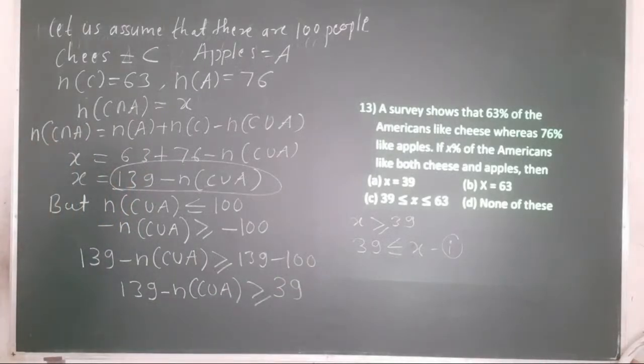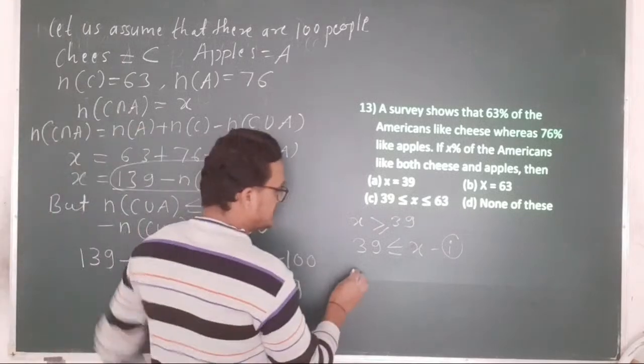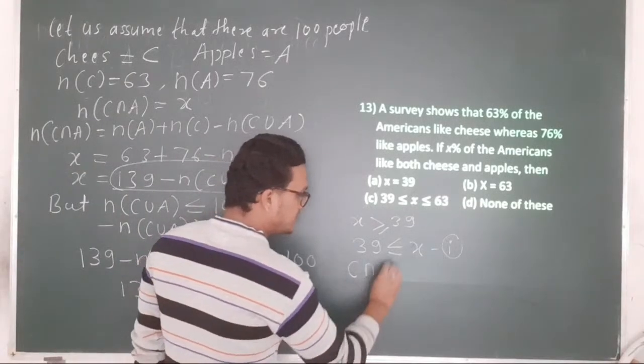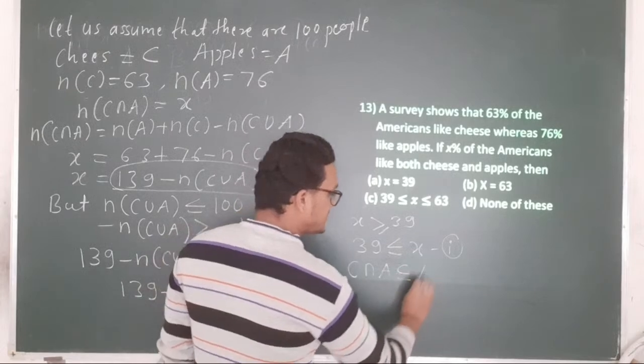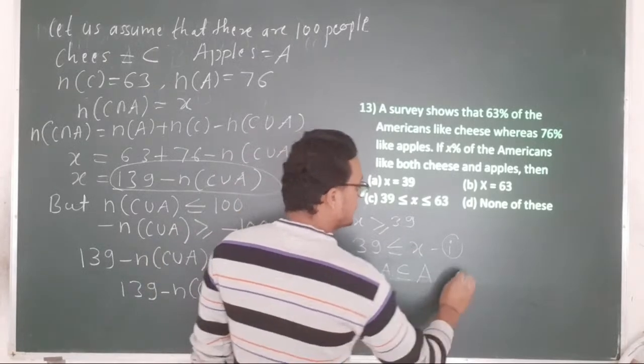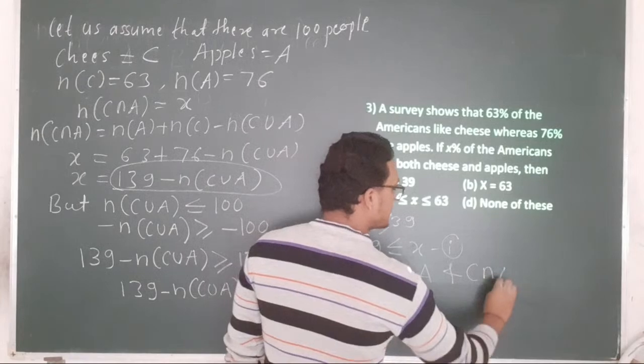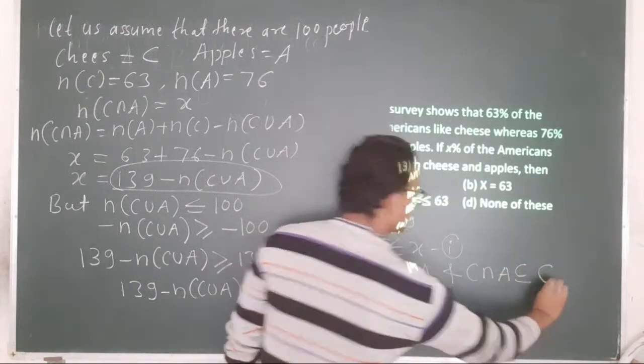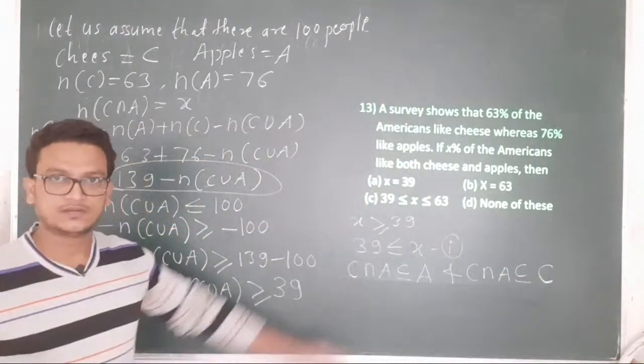Next, we know one more result. C intersection A is a subset of A, and C intersection A is also a subset of C. This property I told you.